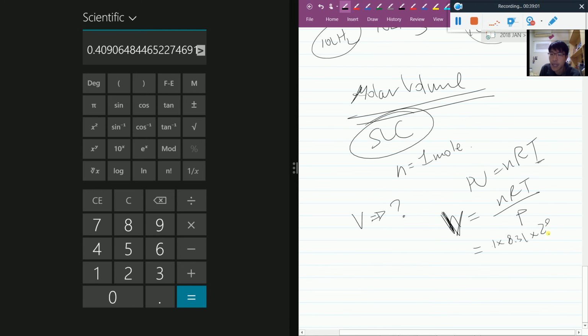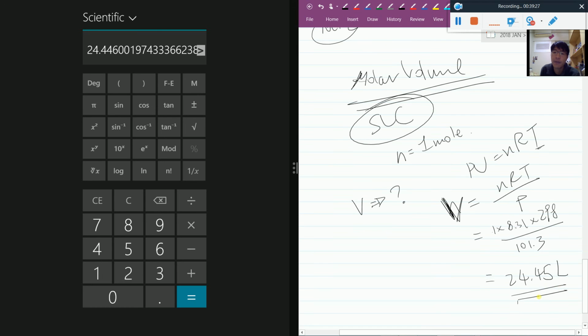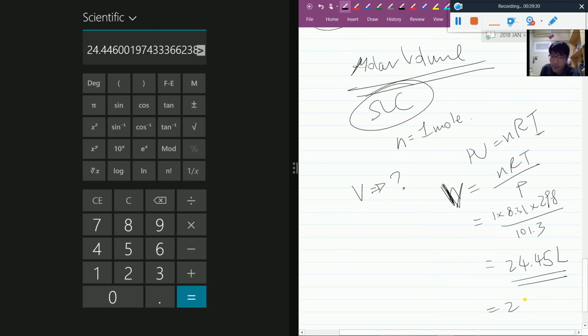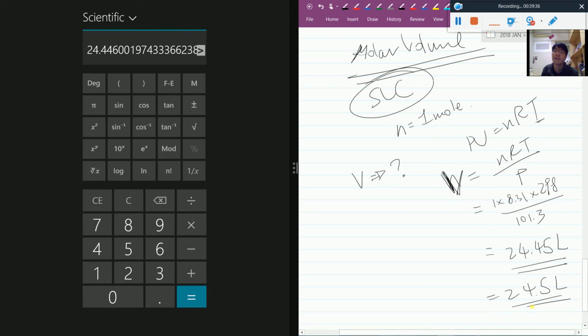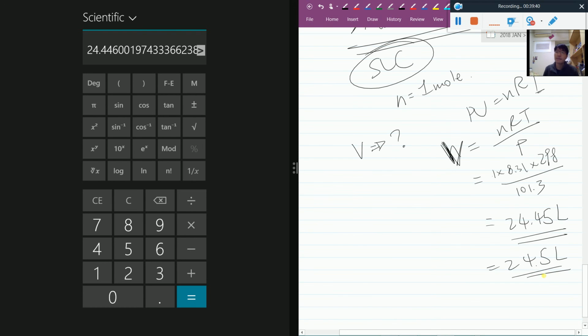So we times by 298, divided by the pressure, which is 101.3, 1 atmosphere. 8.31 times 298 divided by 101.3 is 24.45, or you can say 24.5 liters, as the molar volume at standard laboratory conditions.